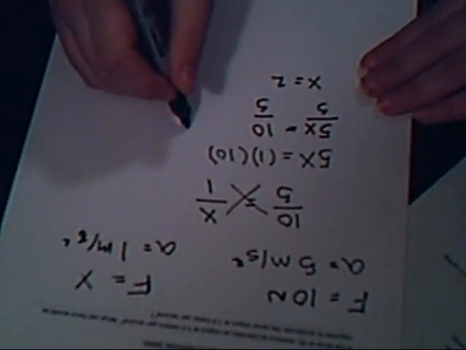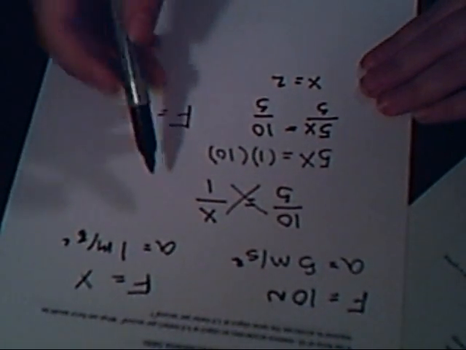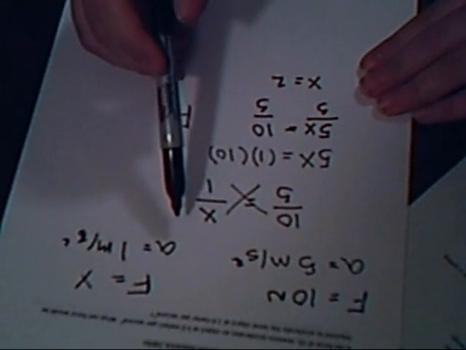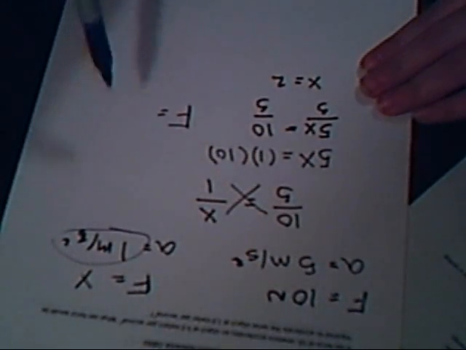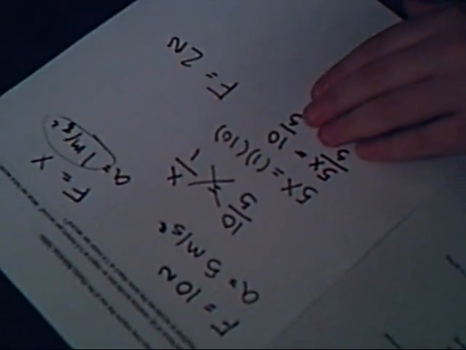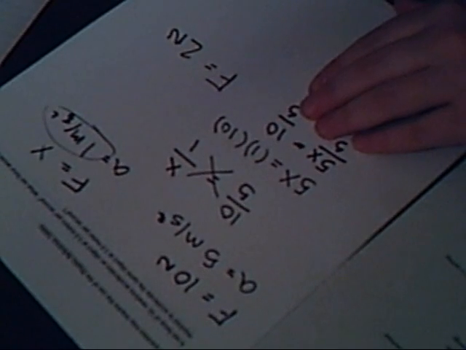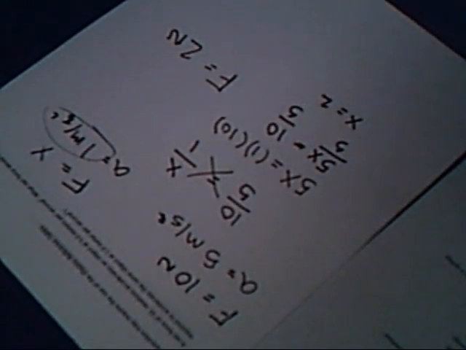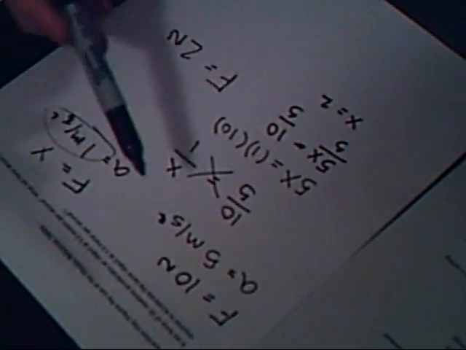So the force needed to accelerate the object 1 meter per second squared is 2 newtons. The key concept behind this question is to know how to set up a proportion and then cross multiply. Next question.